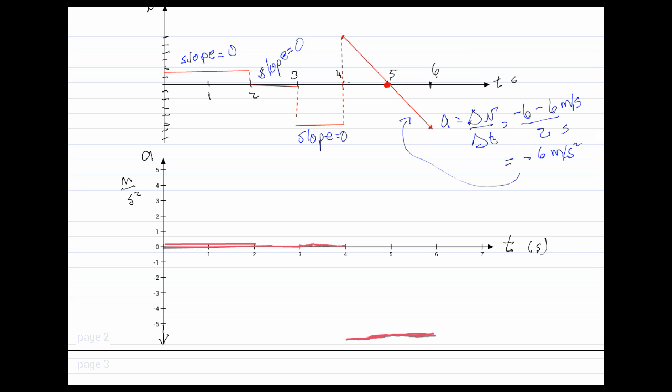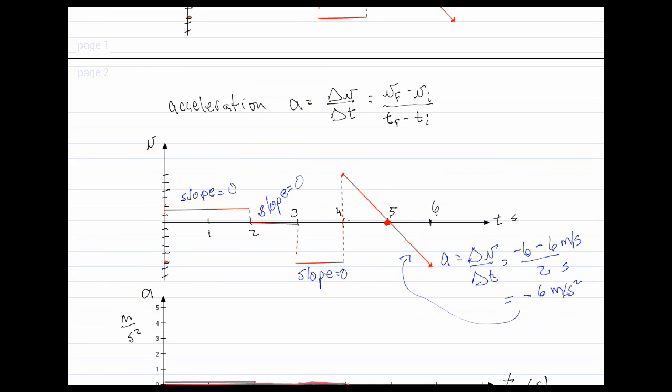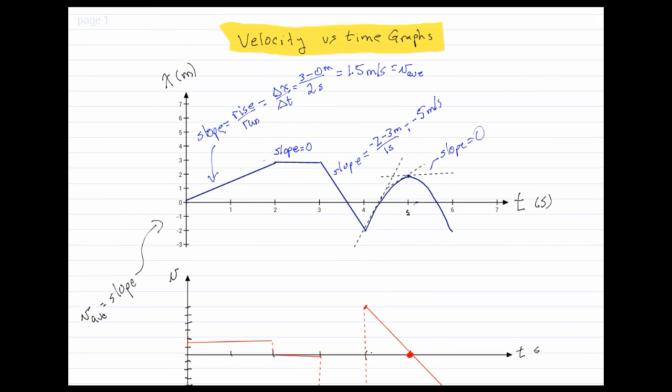And again, if you're worried about the discontinuity, it's okay. You can draw a dotted line to represent the discontinuity. So there is the acceleration versus time graph for this velocity versus time graph, which we obtained from our position versus time graph up here.